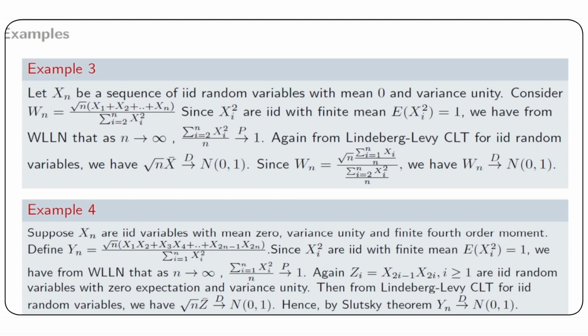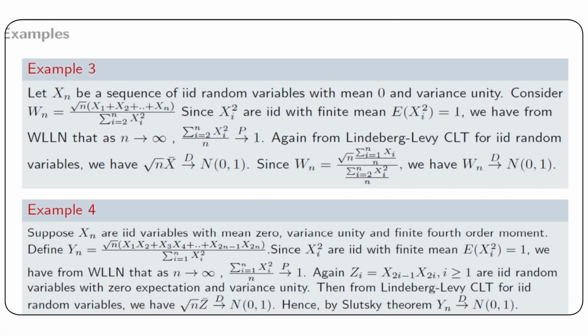So each term is unity, and therefore zi are IID random variables with 0 expectation and variance unity. Then from Lindeberg-Levy CLT for IID random variables, square root of n z bar is asymptotically normal 0 1. Hence, by Slutsky theorem, we can say that Yn converges in distribution to a standard normal variable.